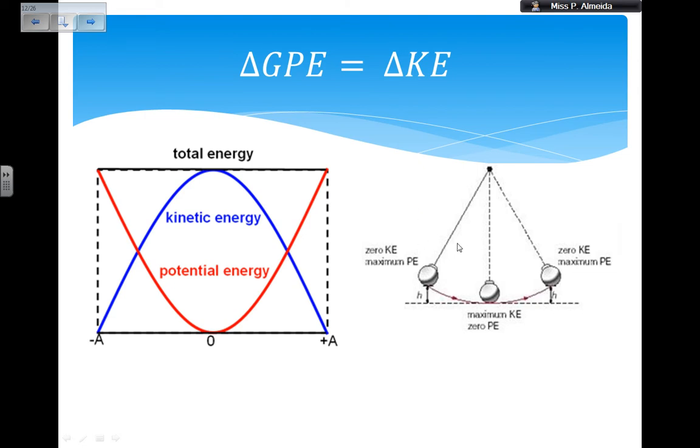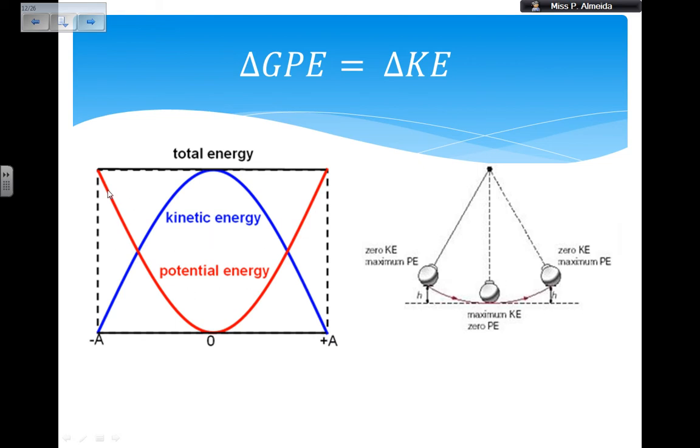So if I draw the functions of this situation, this is how they look. A and minus A are here the displacements, okay? So my kinetic energy is 0, increases up to the 0 here, which is the equilibrium position, the 0 displacement, and then decreases in the same proportion, okay? So it's kind of symmetrical.